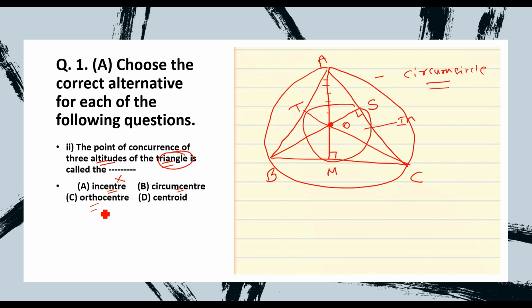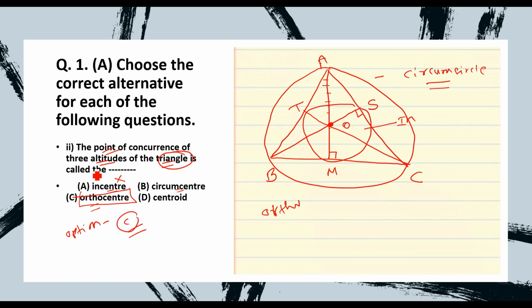And we call it the point because the question asks for the point. This point is called the orthocenter. Therefore, my option for the question is option C, orthocenter.